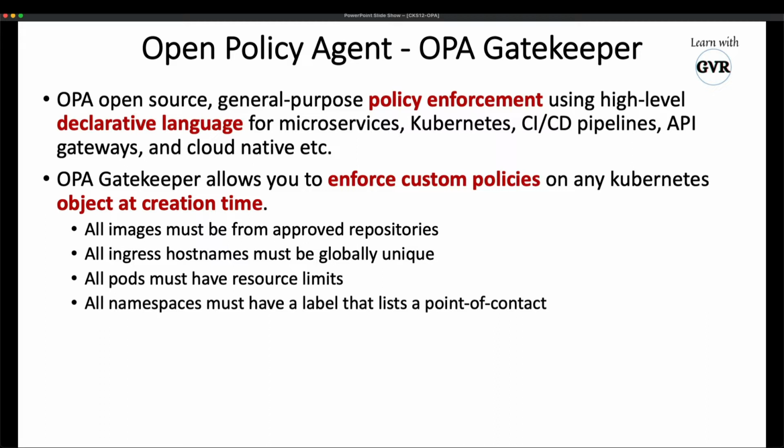So if I try to create one pod, and you set some custom policies before creating, it will apply them. If they are not satisfied, what happens? It will throw an error. Maybe you can ask what kind of policies. For example, whenever I try to deploy a YAML file, all images must be from approved repositories. That's one criterion.